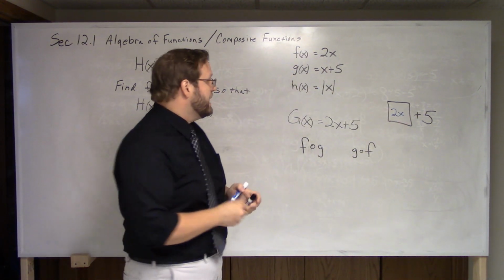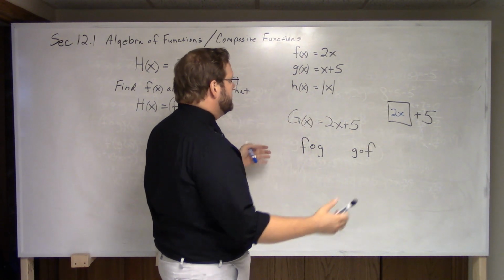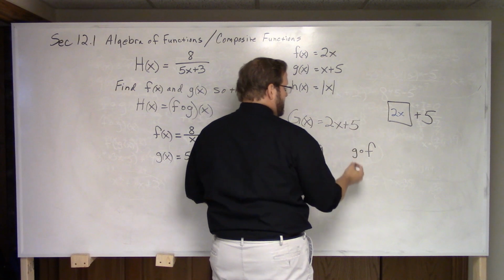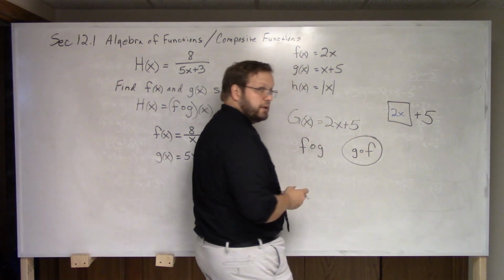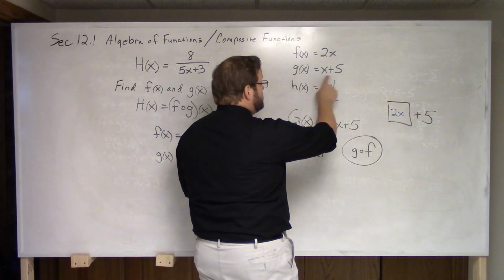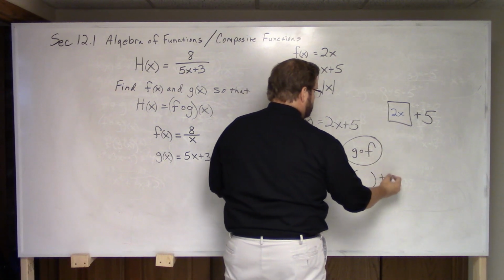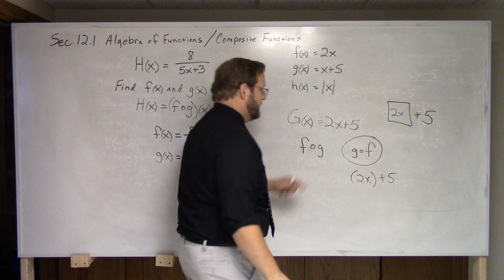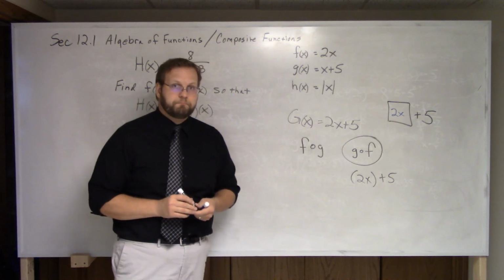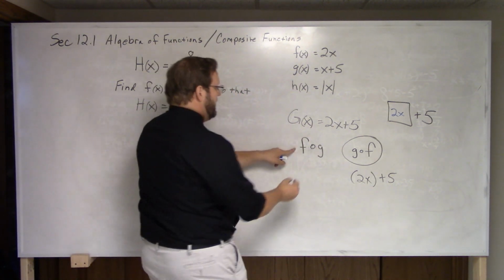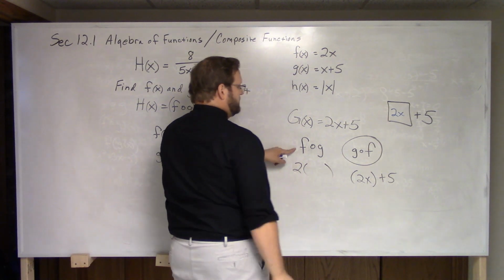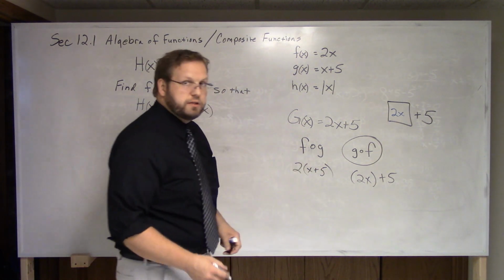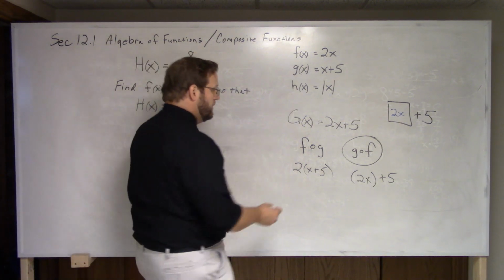If we think of it that way, then that big idea would be the g composed with the f. So that would be that right there. And again, just to run through it again, g is something plus 5, f goes in there, which is 2x, and that's what we're looking for. Okay, if we went with this, f is 2x, and then g goes in there, and after we distribute that 2, we would have something different.